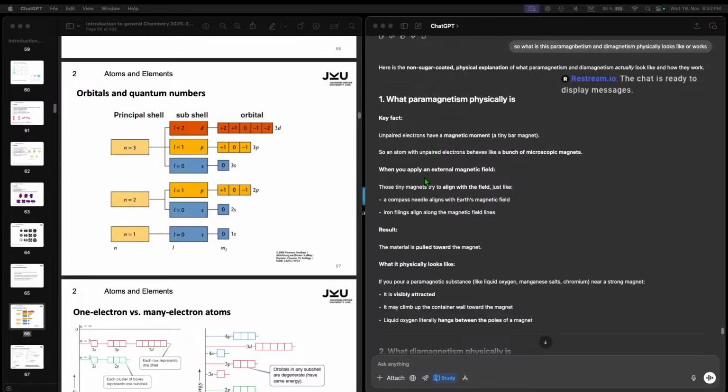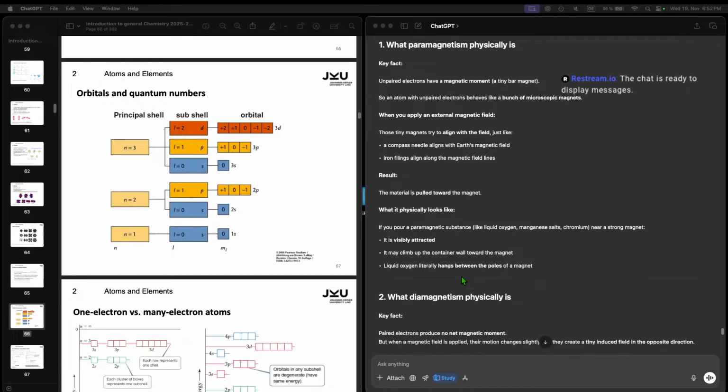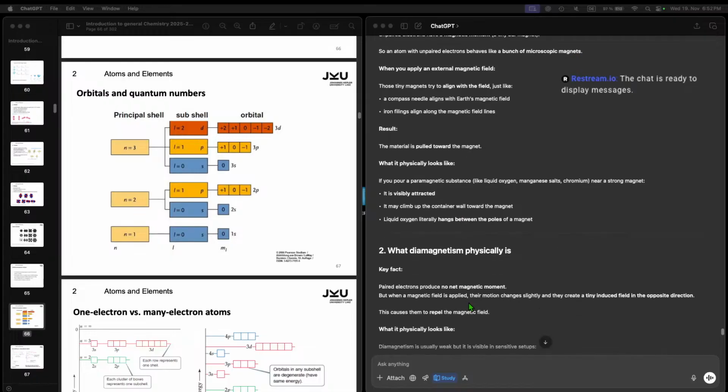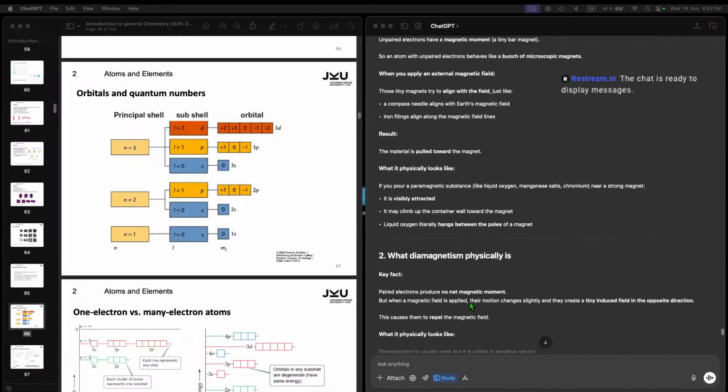When you apply an external magnetic field, those tiny magnets try to align with the field just like a compass. The material is pulled towards the magnet. Oh.